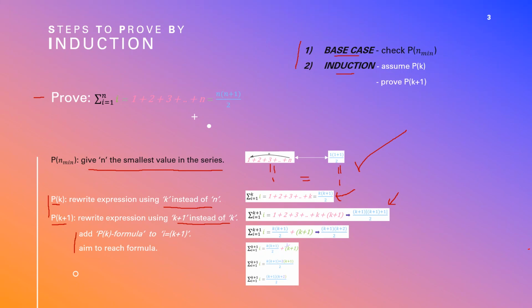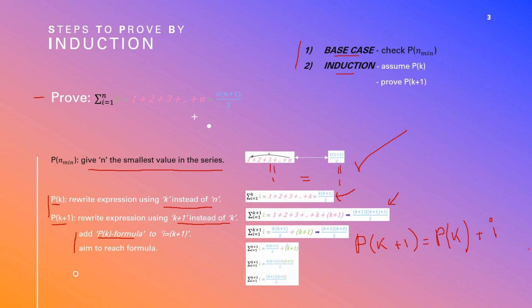For the actual proof, you equate P of k plus 1 to P of k plus the common term I. There you have it.